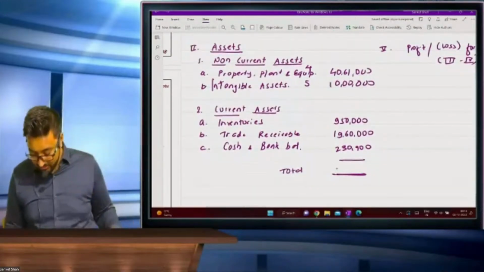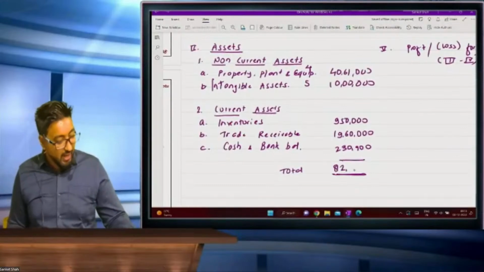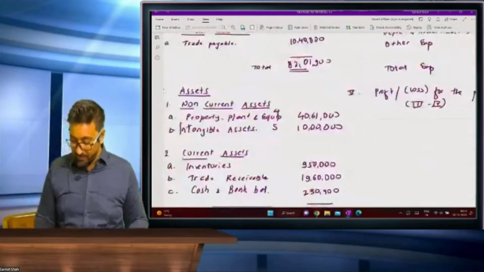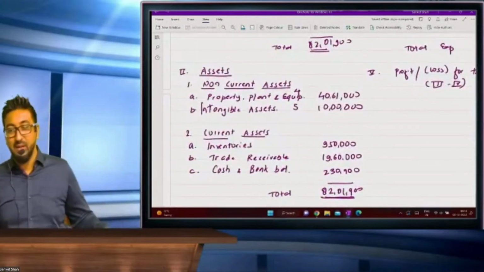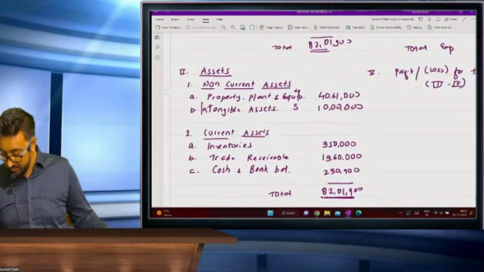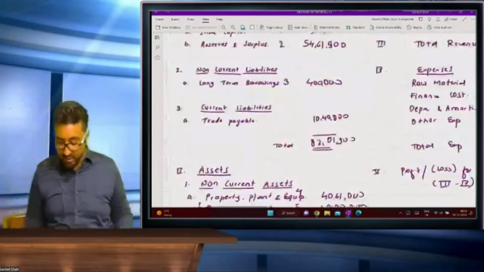Yes! 82 lakh 1,900. I got the correct answer. You can check the answer, beta.